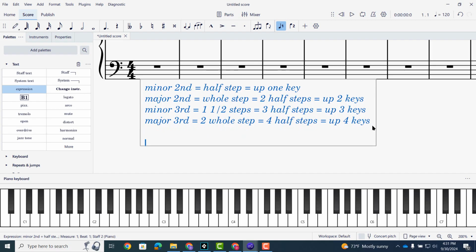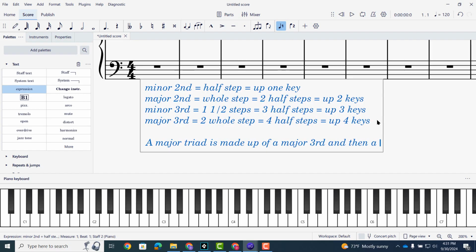You can say a major triad is made up of a major third, well, yeah, first a major third and then a minor third.